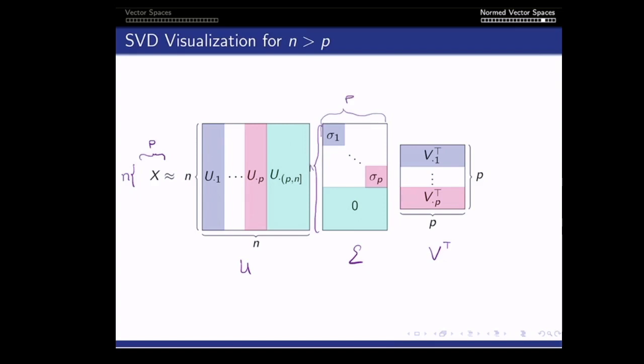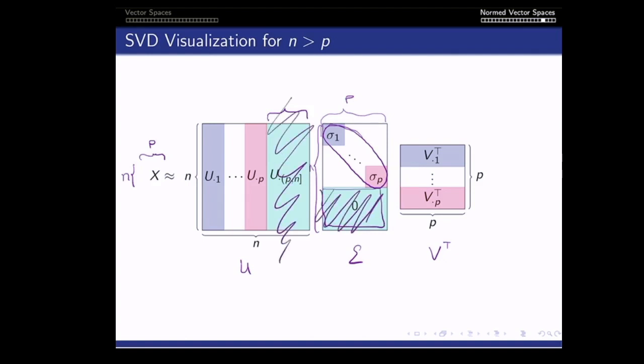Sigma only has non-zero elements on the diagonal, and everything else has to be 0. If we compute U with sigma, then all the columns in U from p to n are multiplied with this part, which is all 0. So this part is not needed for the calculation, and sometimes it is not mentioned.